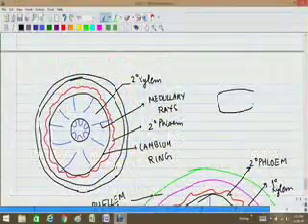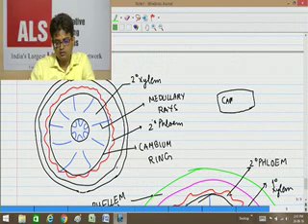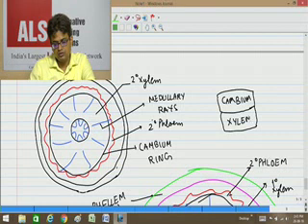Cambium, what does it do? A cambium cell like this. This is a cambium cell. It forms new xylem cells inwards by division.